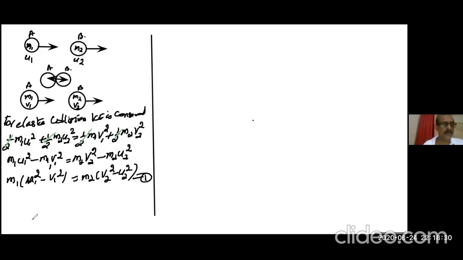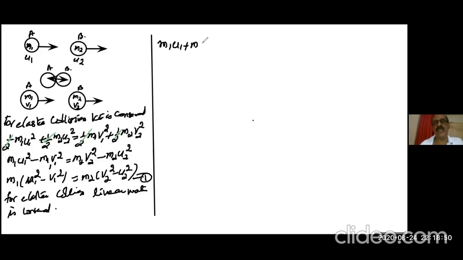Is that over? Yes, sir. For elastic collision, linear momentum is conserved. That means total linear momentum before collision, m1 u1 plus m2 u2, is equal to m1 v1 plus m2 v2.